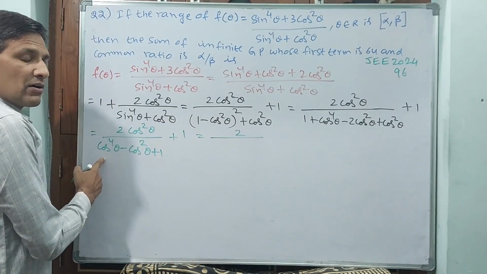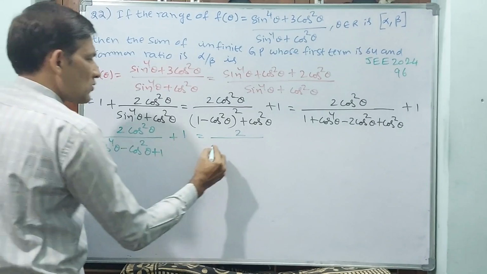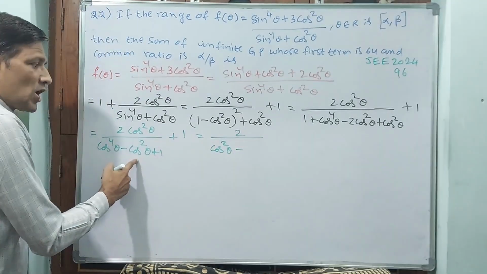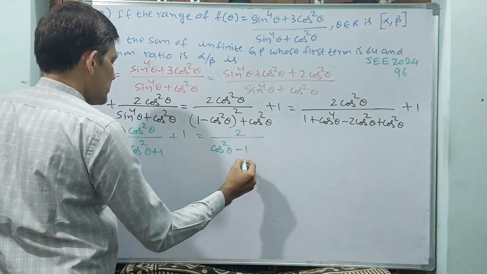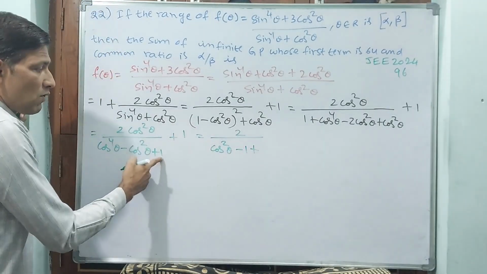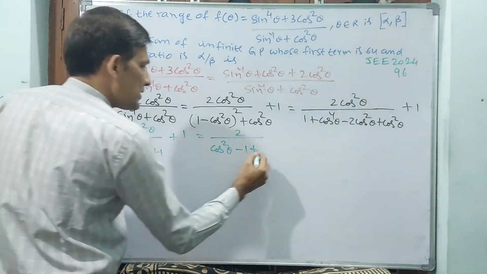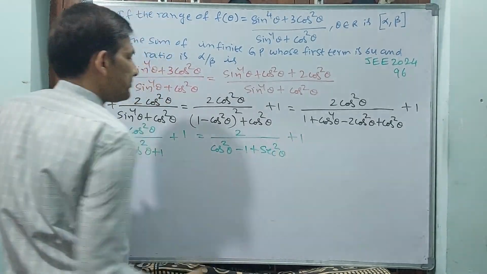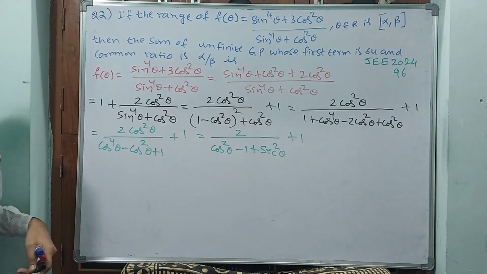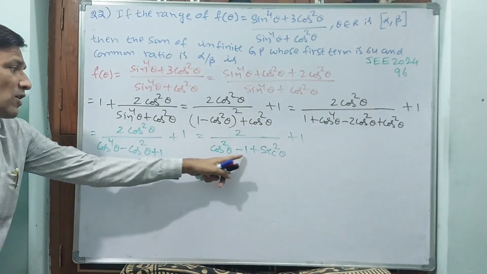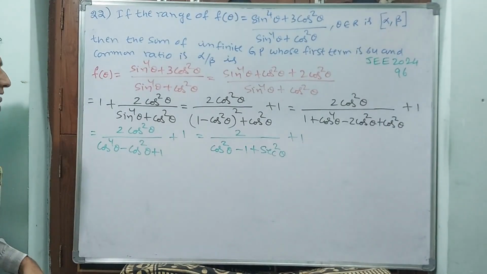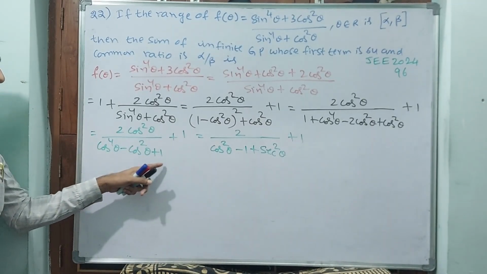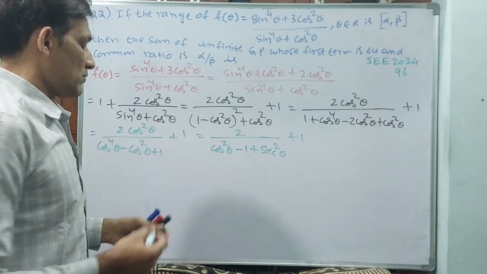Cos⁴θ by cos²θ is going to be cos²θ, minus cos²θ by cos²θ is 1, plus 1 by cos²θ, secant square theta. Is it okay? Earlier plus 1 was there, now minus 1 has come. Cos square theta we have divided, and 1 by cos²θ is going to become secant square theta.